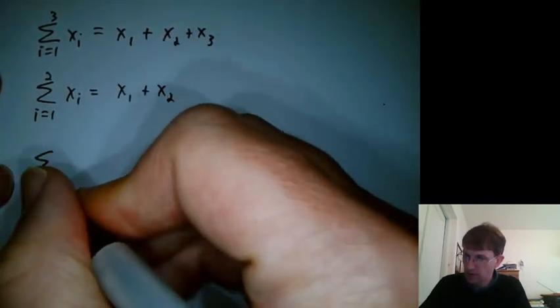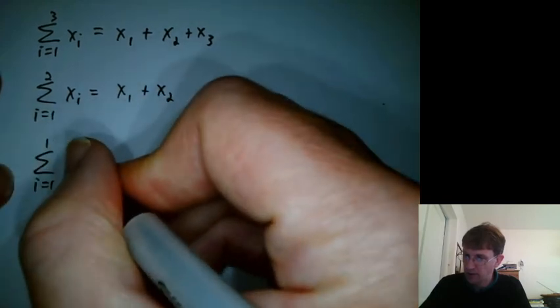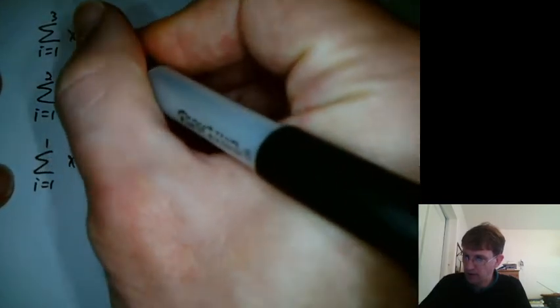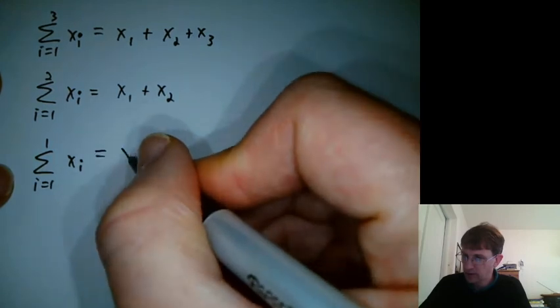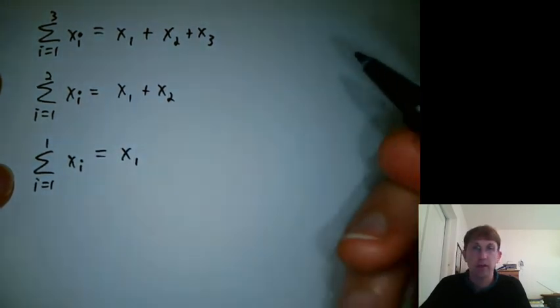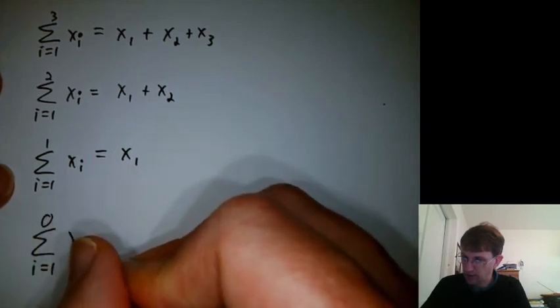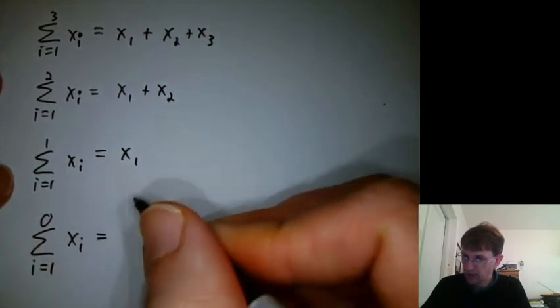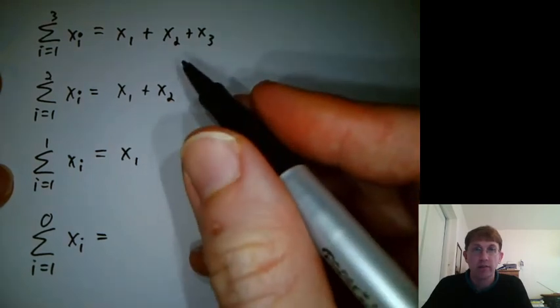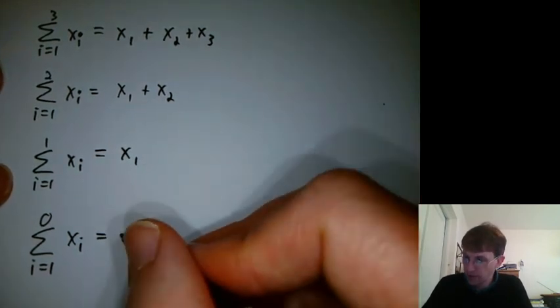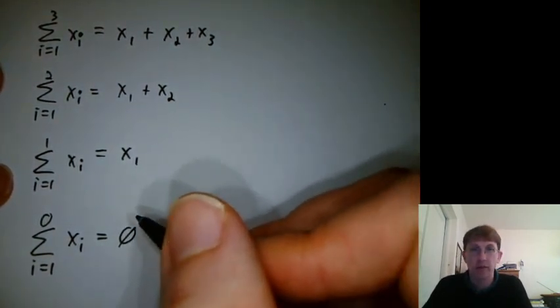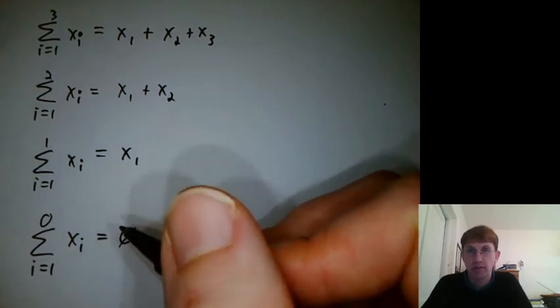How about the sum i equals 1 to 1 of x sub i? That would just be x1, right? And then how about the sum i equals 1 to 0 of x sub i? We've kind of lost all the things we wanted to sum, so I think we would agree that's 0. If I sum 0 things, the answer is 0.